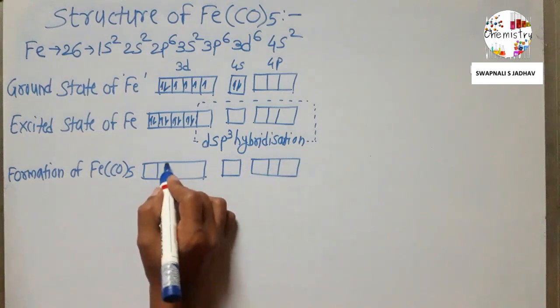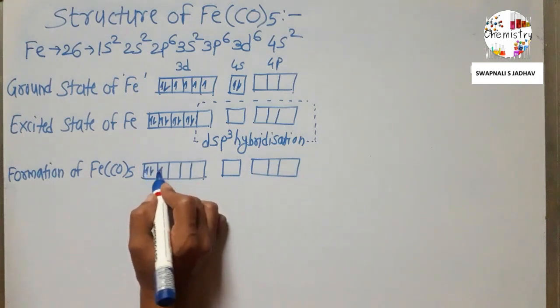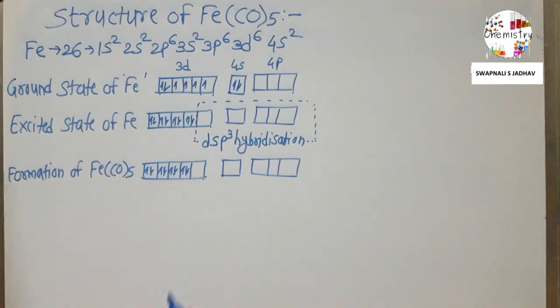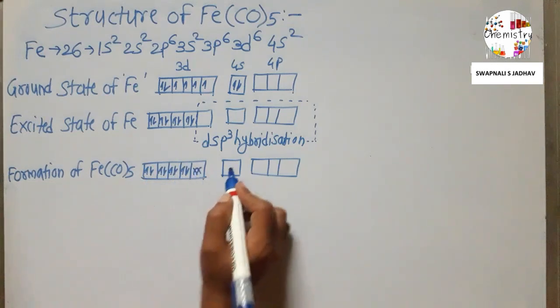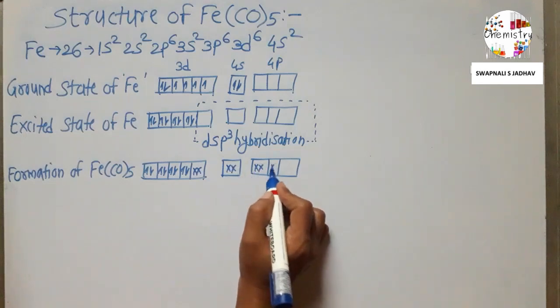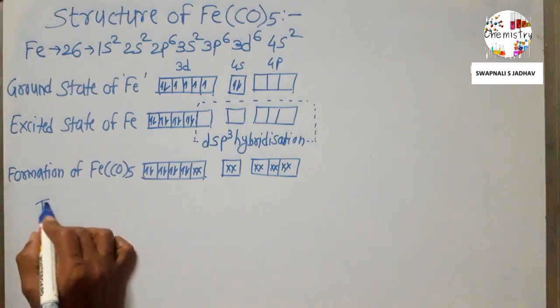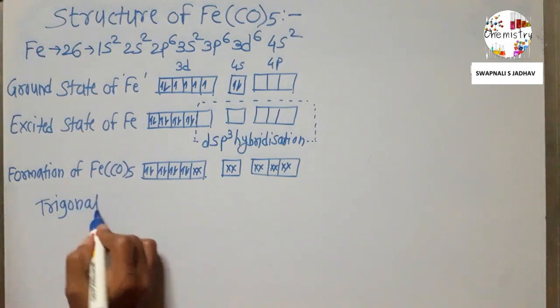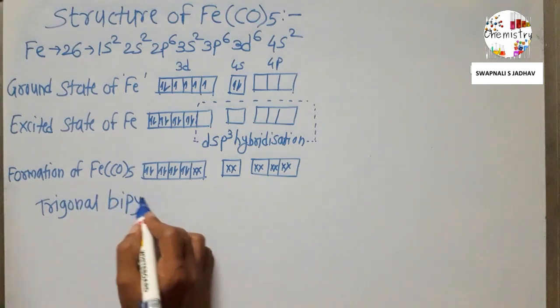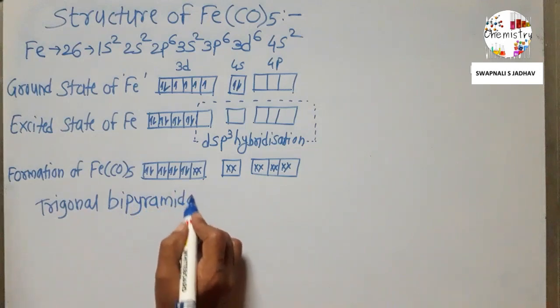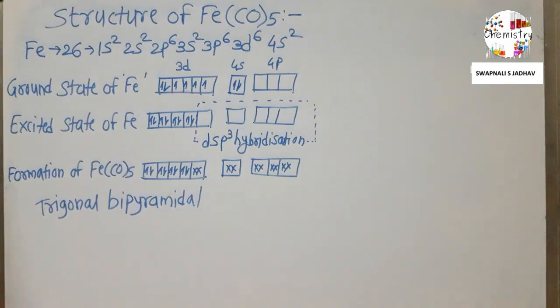So here 1 2 3 4 5 6 7 8, then that one d orbital, one s orbital and 3 p orbitals form the Fe(CO)5 molecule. So as the type of hybridization is dsp3, the structure of Fe(CO)5 is which one? Trigonal bipyramidal, TBP.